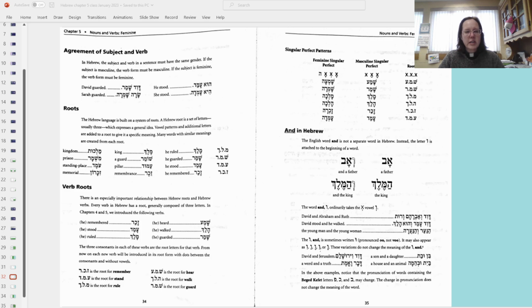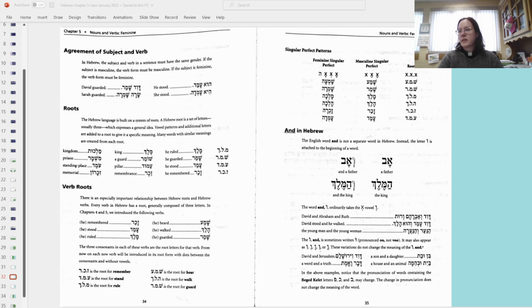So in those 3 different words, you can kind of pull out what the 3 root letters are, and then you can also decipher what is added onto those root letters to make that word, which is what we've been working on through this time.